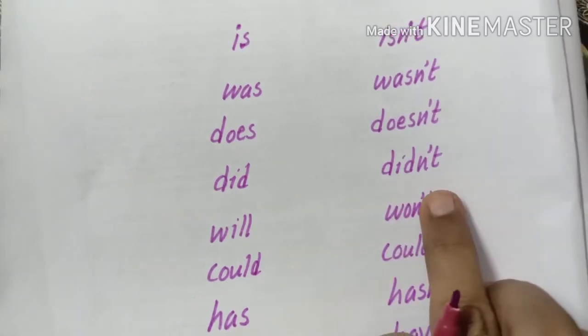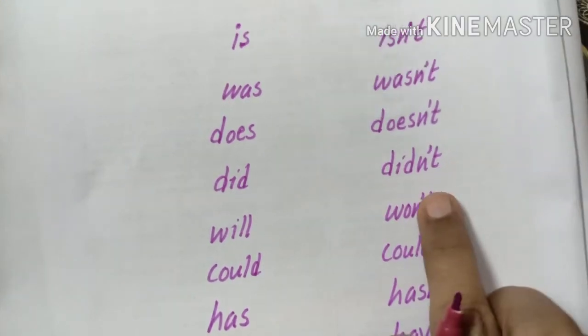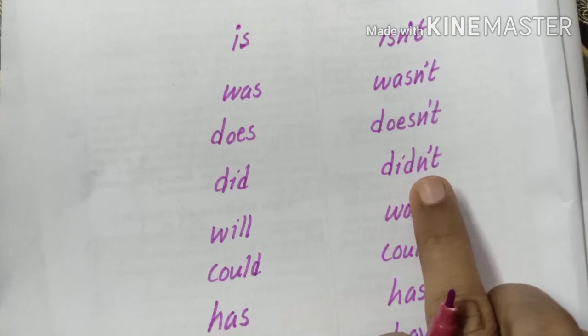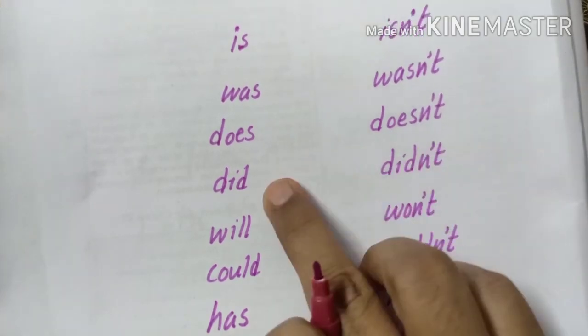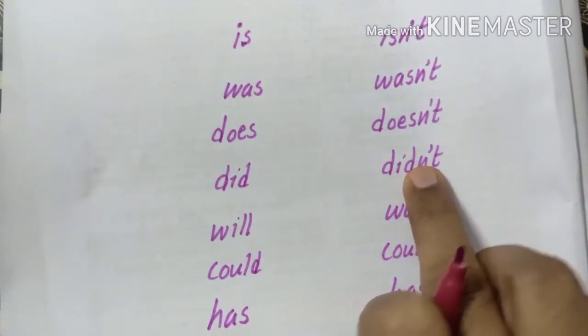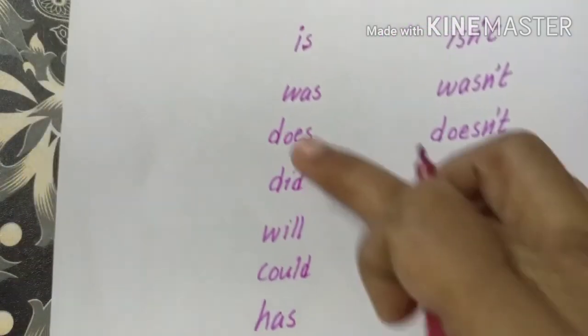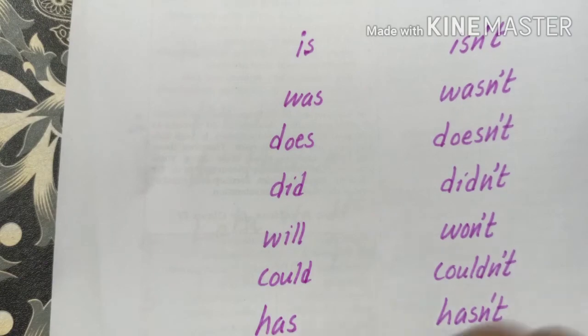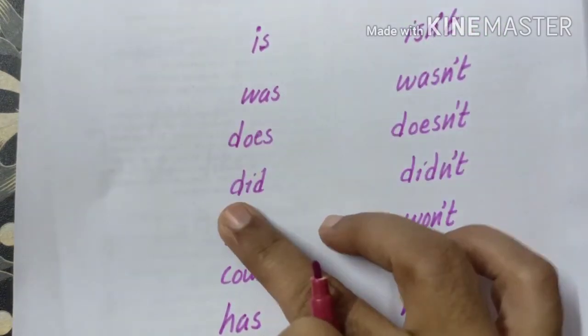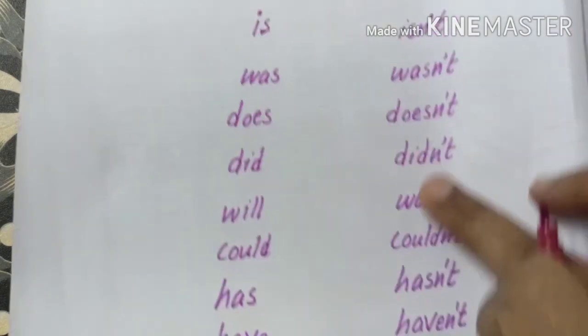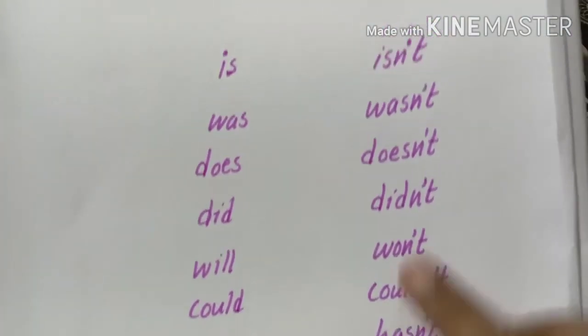I didn't go to school yesterday. Didn't. So, you should write did I. If there is didn't, use did. If did is there, use didn't. So, if these forms are there, then use these forms. If this is there, use this. This is positive, this is negative. These all are negative. Okay, not is there.